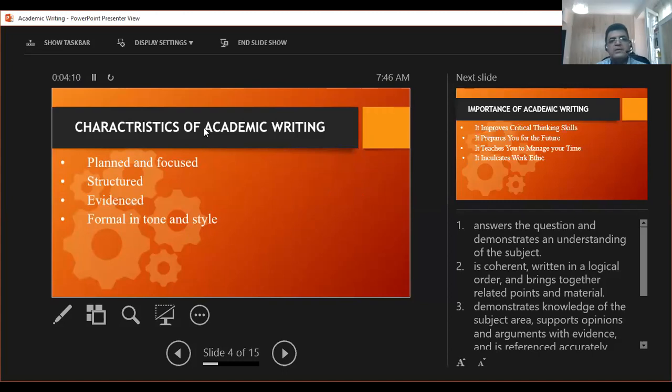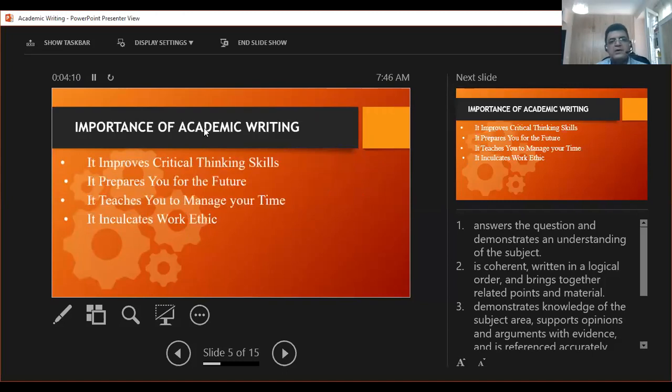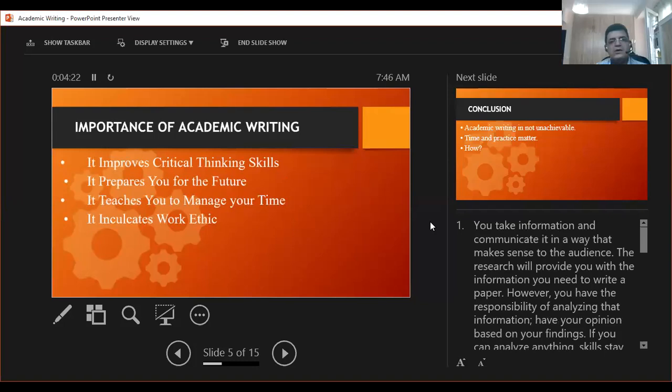So when we are going to discuss academic writing, it is important to know why you need it actually. The first one, you can take information and communicate in a way that makes sense to the audience.